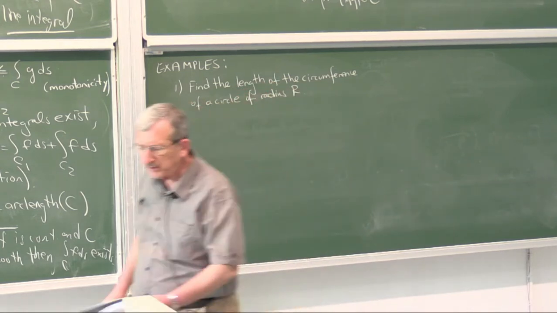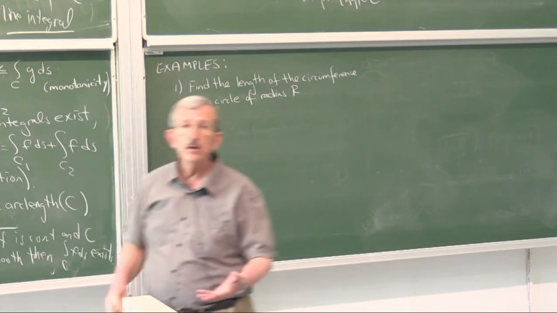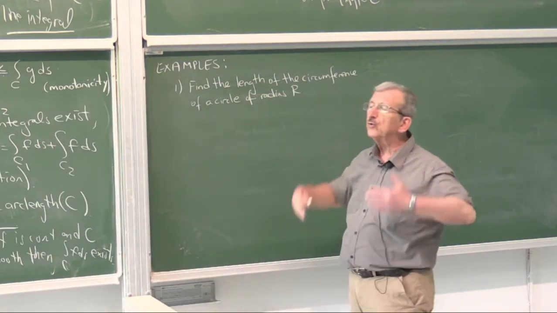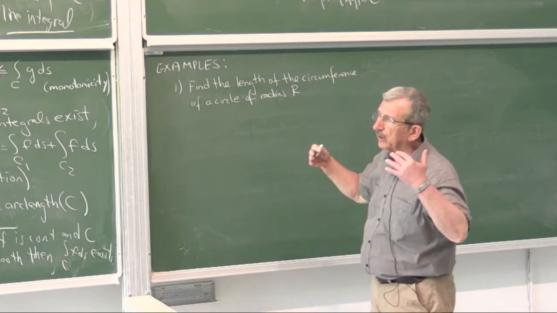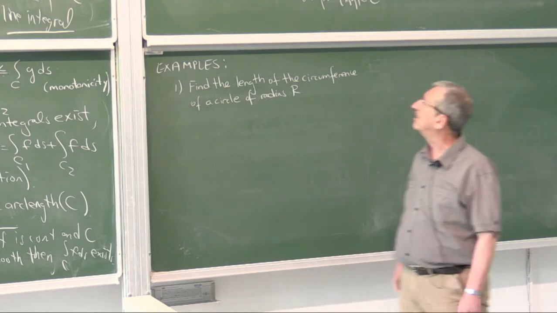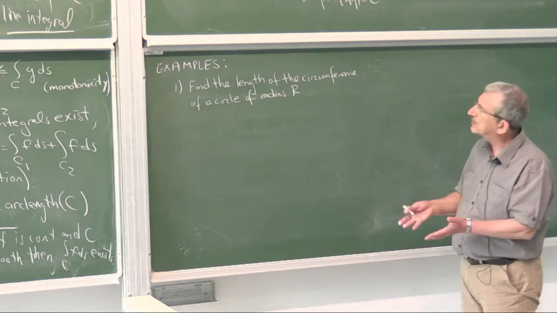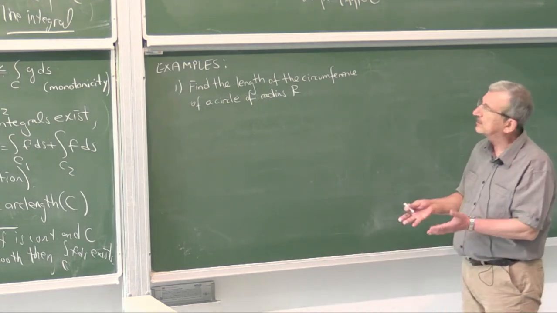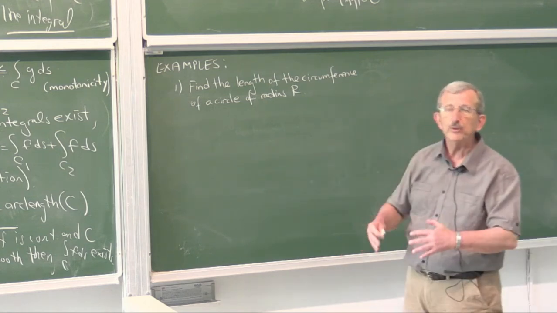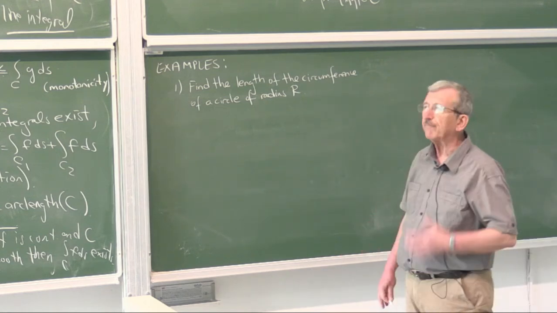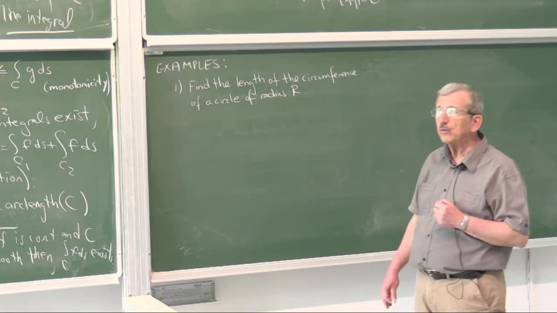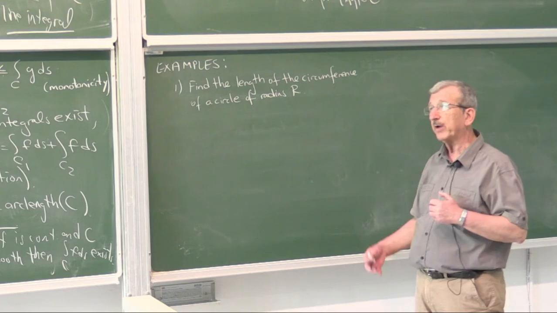Actually, we did this using the square root of 1 plus f prime of x squared and so on, using the fact that such a circumference, or at least part of it, is the graph of a function. And we used our previous knowledge, and using definite integrals, we calculated that. But now we want to use our new knowledge, that is parametrization.